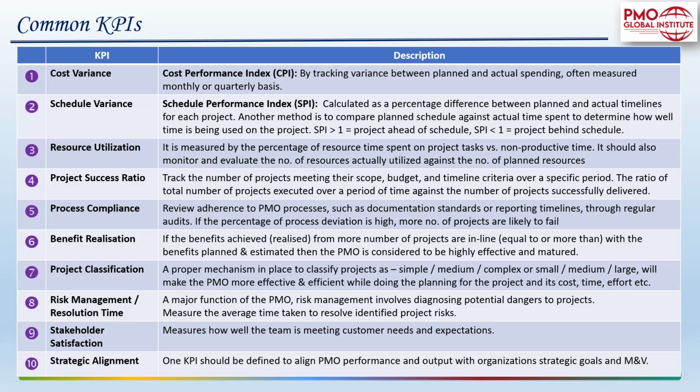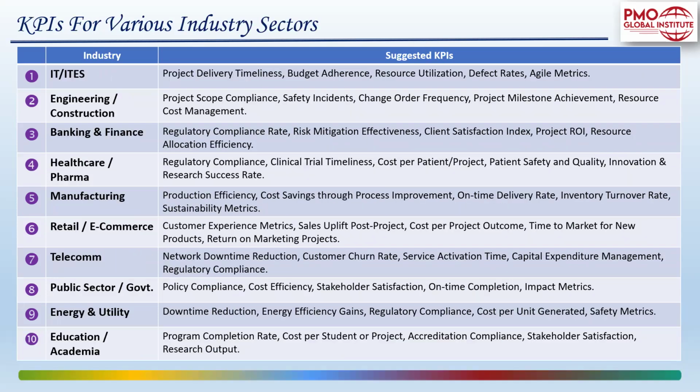Now, next, I will quickly give you some examples of KPIs based on the industry type. Let's take first the software industry, the IT industry. In the IT industry, it can be an application development project, a maintenance project, or infrastructure projects, for example data center projects, which I have been largely doing: data center migration and data center setup.